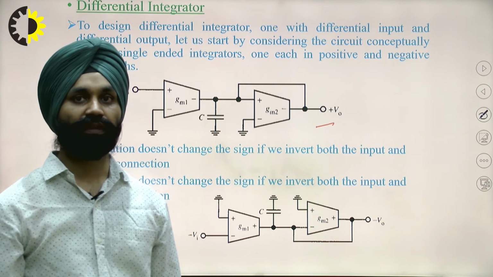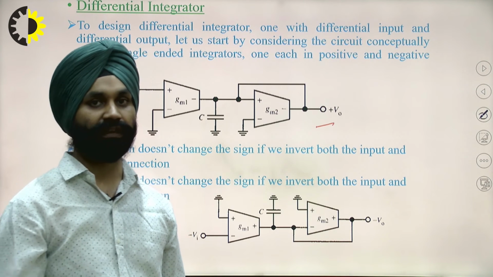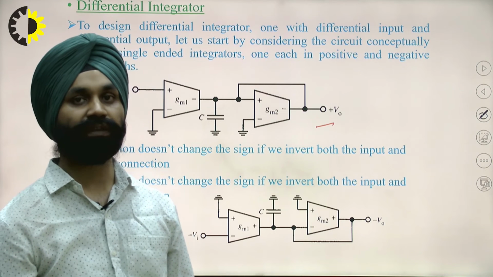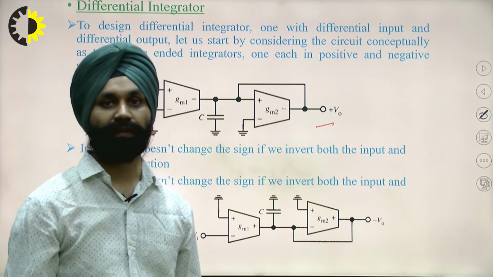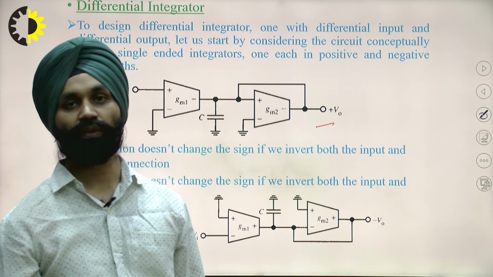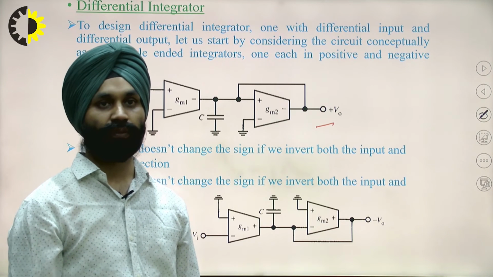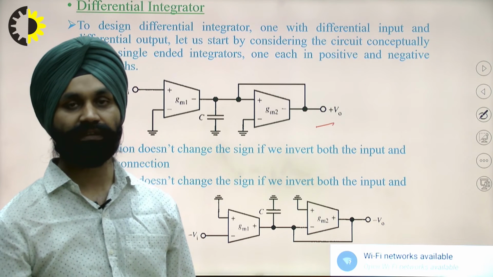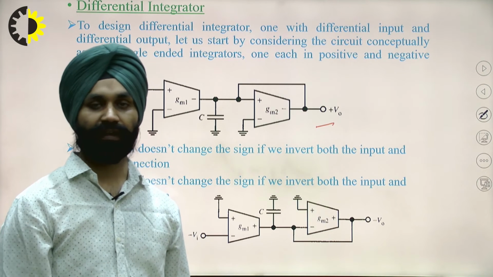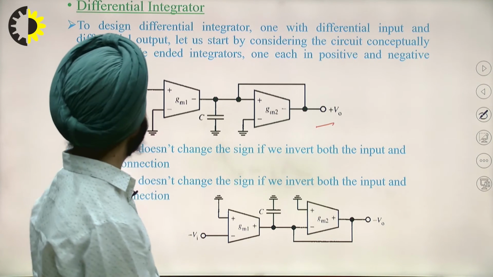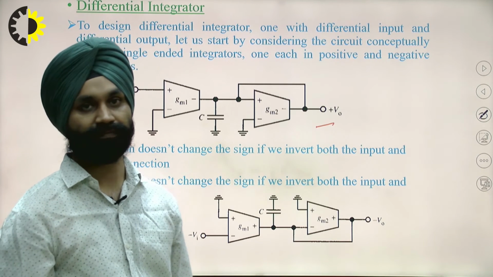So now let's take a step ahead and move toward the differential input and the differential output for the OTAs. Let's suppose we have two single-ended integrators in such a way that the positive and the negative signal paths are there.